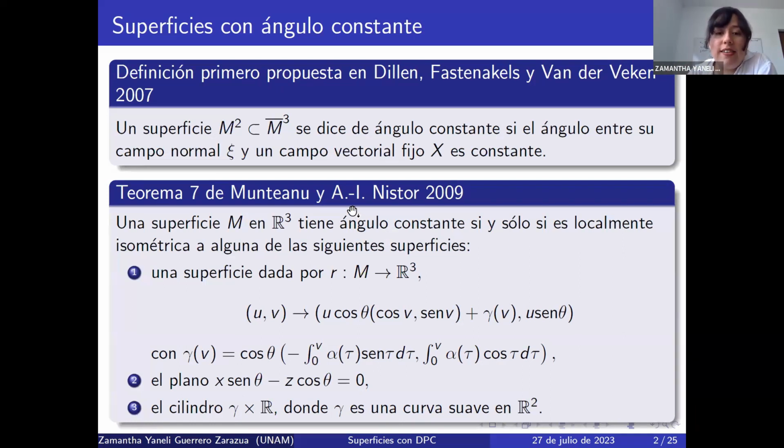They defined it as a surface whose normal vector field always had a constant angle with respect to some other field. In their case specifically, I believe they worked over the sphere cross R, but the definition holds.